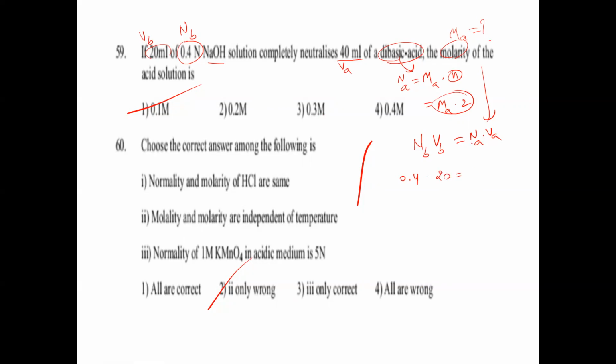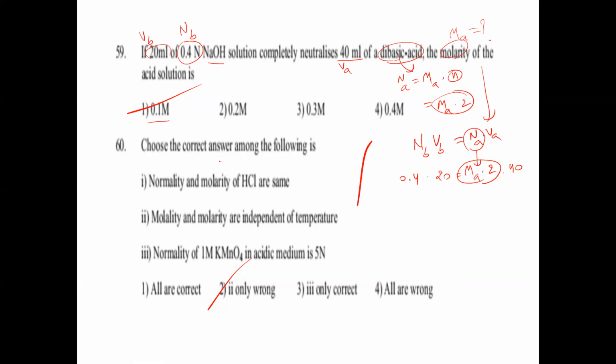That is equal to, in place of Na, Ma into N factor, into the volume of acid, which is 40 ml. Now we need Ma, so we have to calculate it by applying this formula. The answer is 0.1 molar.